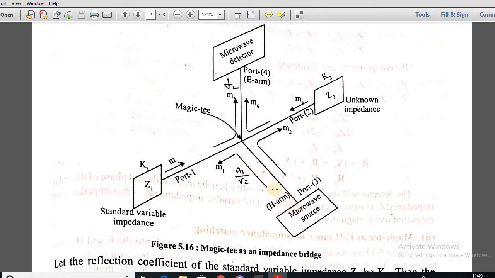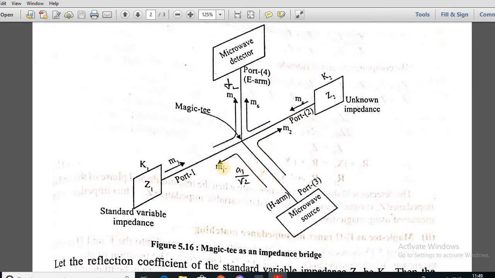Let the incident component at port 3 be A3. A3 gets divided equally among port 1 and port 2, so the value available at port 1 and port 2 is A3 divided by root 2 each.